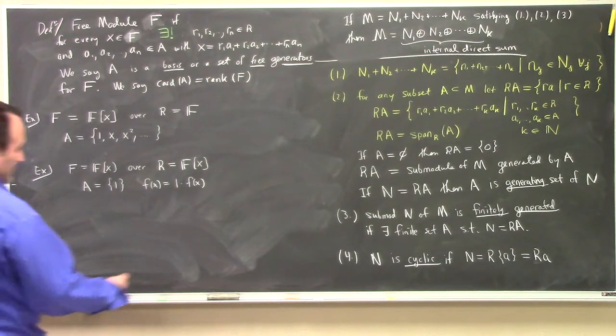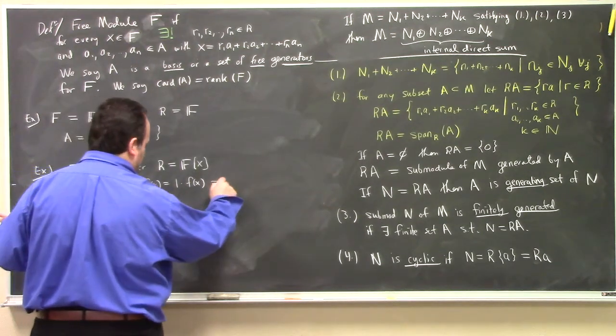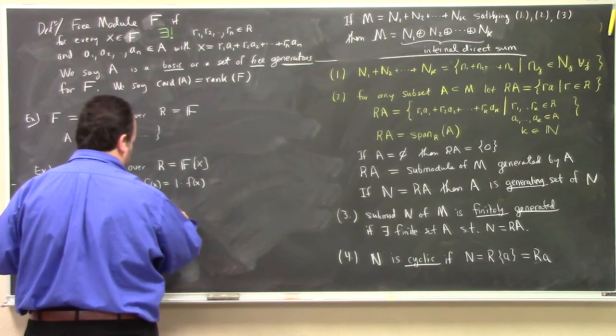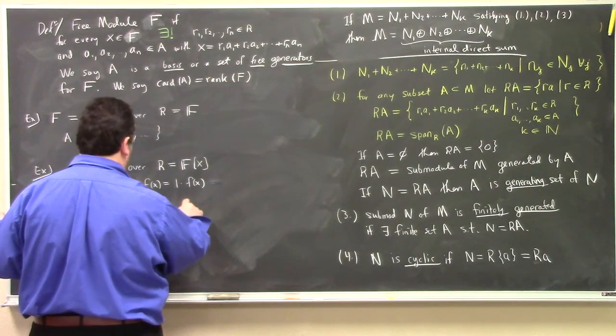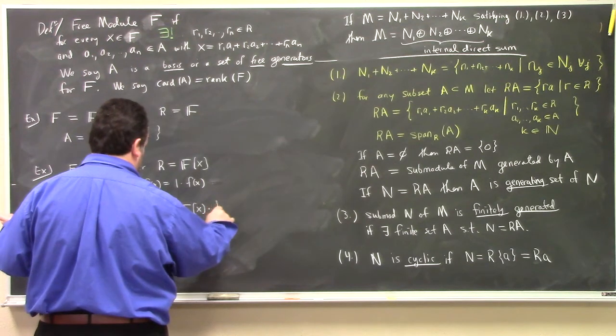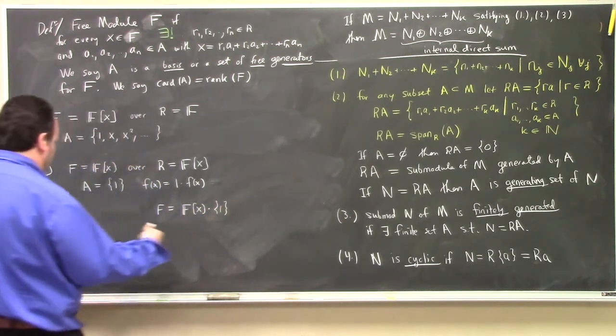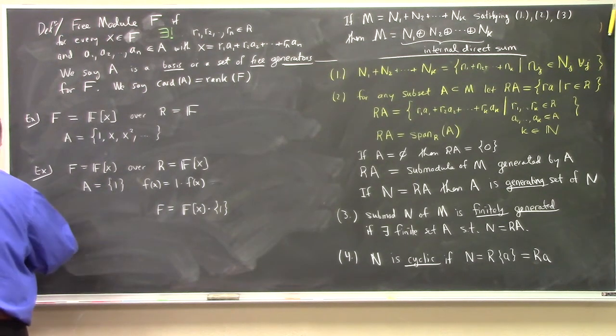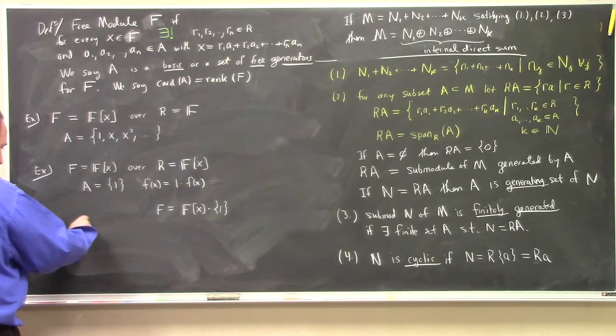I mean, in the notation over there, f is equal to f of x times the set containing 1. It's very stupid, but this is an example of a cyclic. A more interesting case of a cyclic submodule would be perhaps a vector space, right?